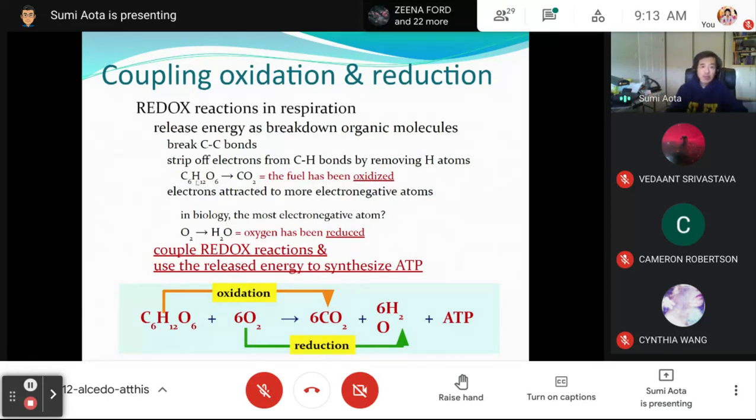So C6H12O6 becomes carbon dioxide. The fuel has been oxidized. It lost hydrogens. The electrons move to a more electronegative atom. The most electronegative atom in biology is oxygen. The oxygen becomes water, and the oxygen has been reduced.